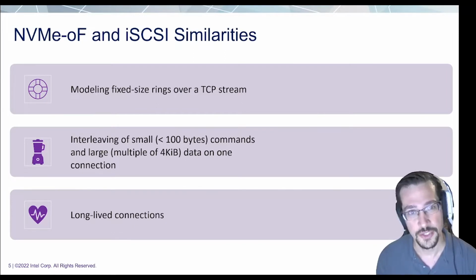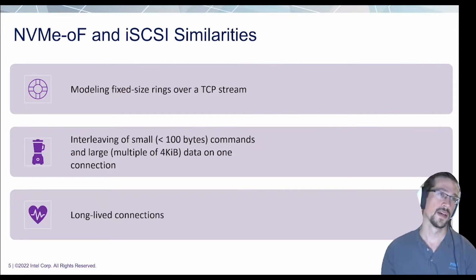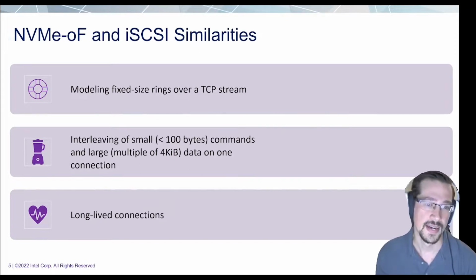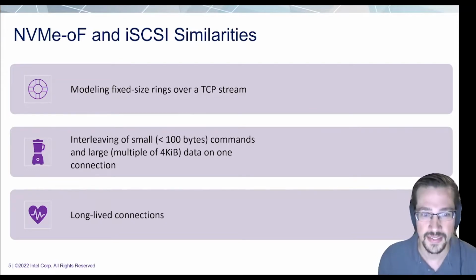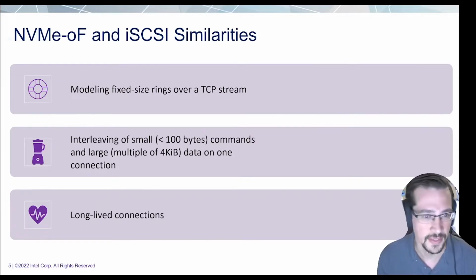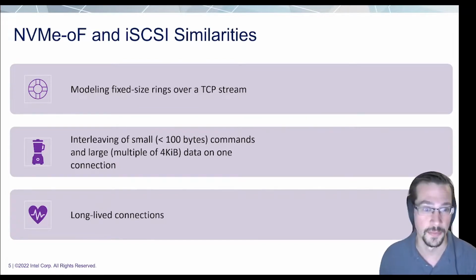And those commands describe operations to perform. Those operations then involve large amounts of data. And then the other really important thing is that in storage networking, connections are long-lived. This is actually quite different than most other things where the connection is established, like on a web server or something. For a short period of time, data is exchanged and then it disconnects. So in storage, the connections stick around.